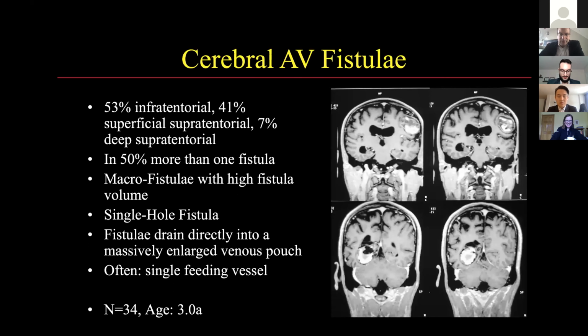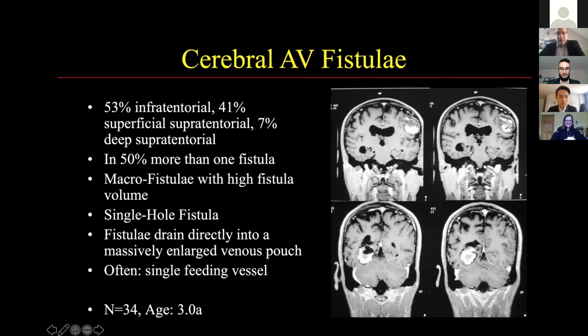The second manifestation that we identified were the so-called arteriovenous fistulae within the brain. These are both infratentorial, i.e. in the back of the brain, or supratentorial.